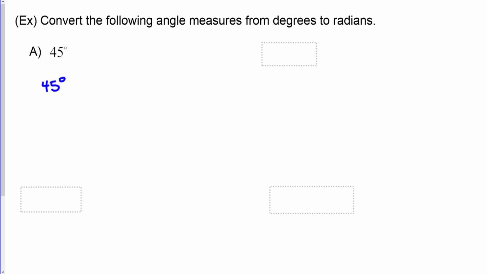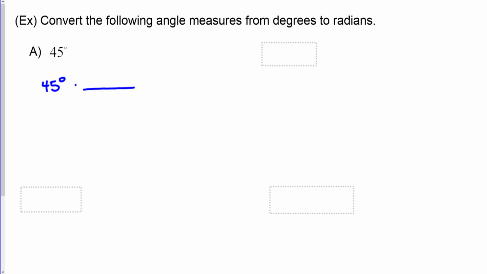So if I want to change 45 degrees into radians, I need to multiply this by some fraction that cancels out the degrees. Because when it comes to dimensional analysis, the units of measure can cancel in the same way that numbers can.